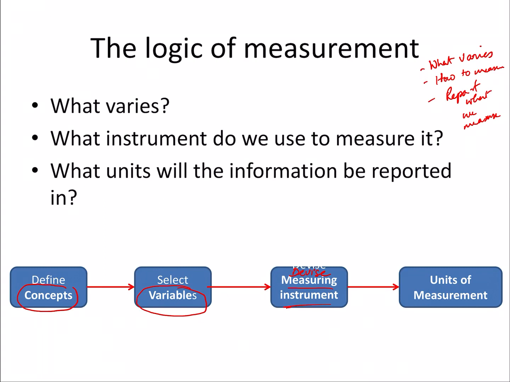In the social and behavioral sciences, researchers do not have the same level of agreement about the nature of common variables. They don't necessarily agree on how things are measured. If we're talking about the natural sciences, if we're talking about length, other than determining whether it's going to be in centimeters, meters, or a metric system, or whether it's going to be in inches, yards, which is the imperial system, really, there isn't that much disagreement.